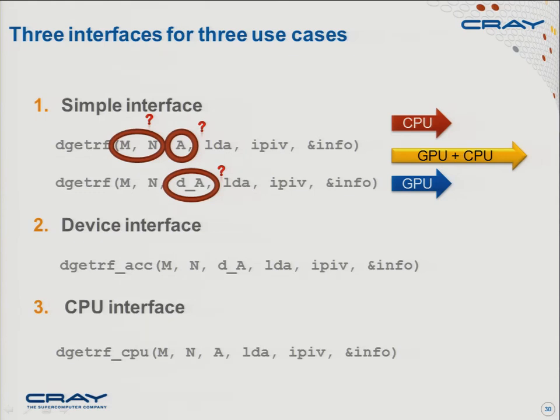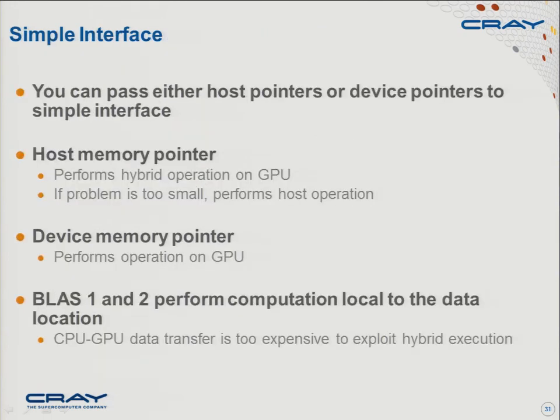So maybe you want to just have it on the CPU side. We have several of these functions, so I want to decide what is running on the GPU and what is running on the CPU. So the simple interface basically just tries to figure out whether it's good or not to run on the CPU or GPU. Yes. And if you say underscore ACC, then you know it's on the GPU.